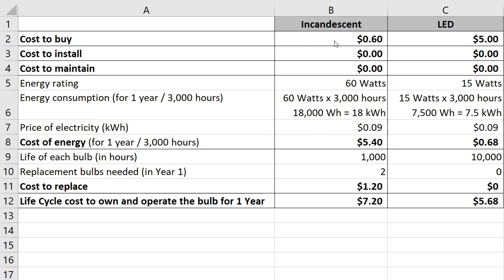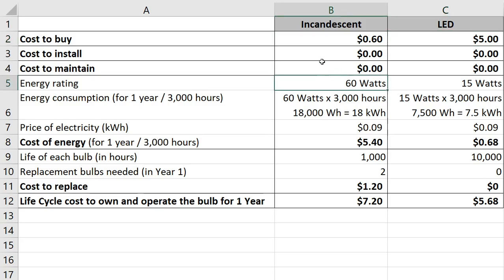You can see here in column B, the incandescent light bulb is 60 cents for the unit and the LED light is $5. No cost to install, because I'm going to do it myself. No cost to maintain as well. They're just light bulbs. So the cost to buy, cost to install, cost to maintain: 60 cents for the incandescent bulb, $5, so significantly higher, for the LED light.